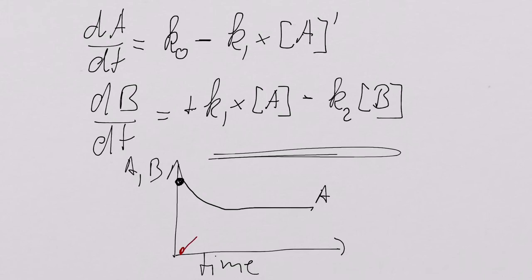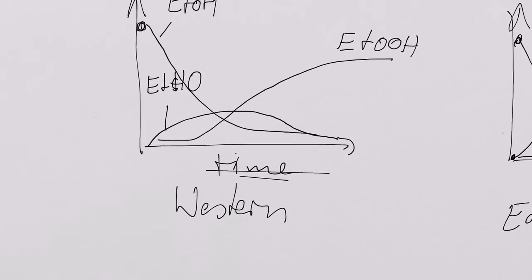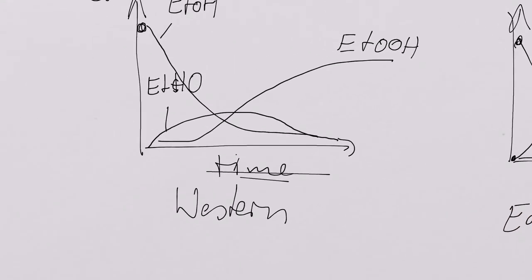B would go up, and it would stay up because it gets constantly stuff from A delivered. So that's B. Remember, in this case here, we had A going down, but no new A was delivered.